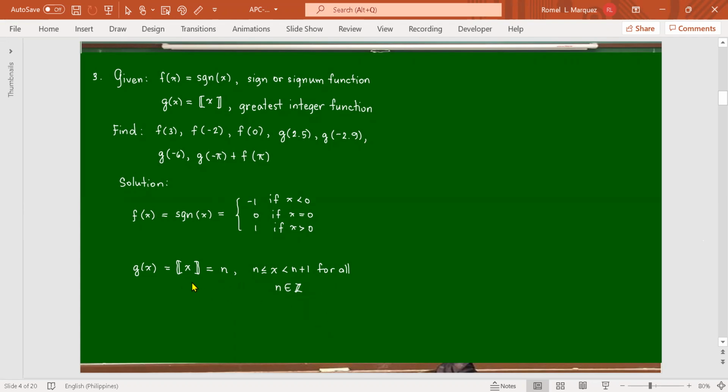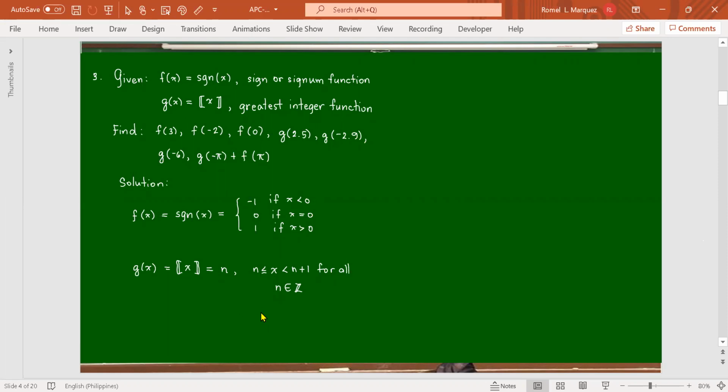So for instance, if my x is 2.5, what is that integer that includes x from the left, and another integer when you add 1 will include it from the right?